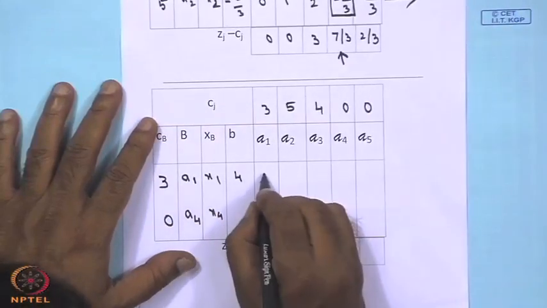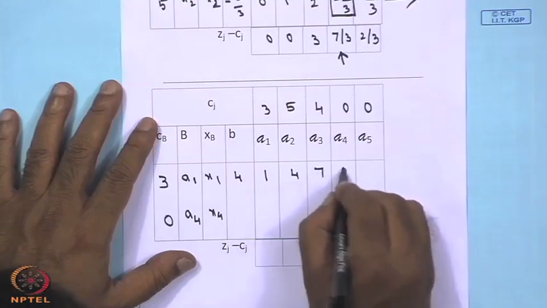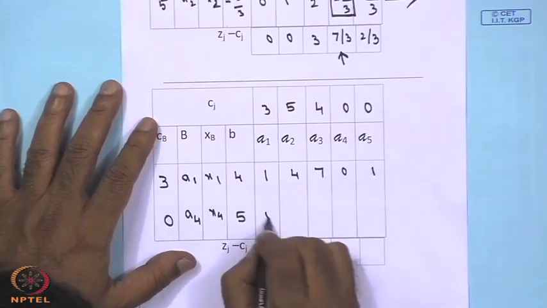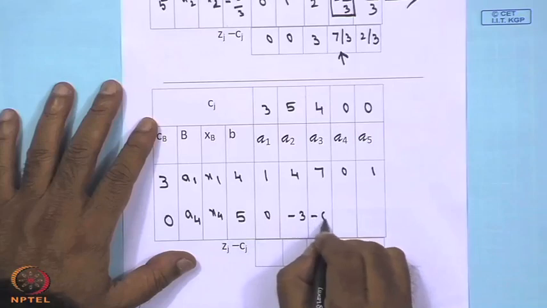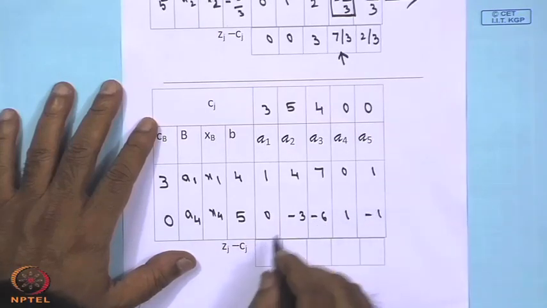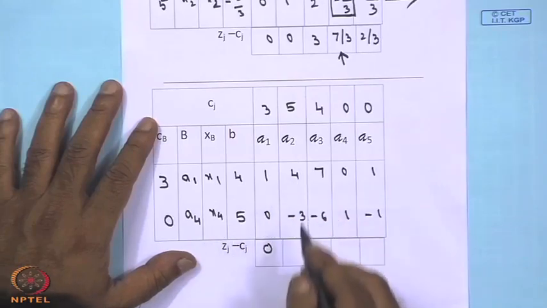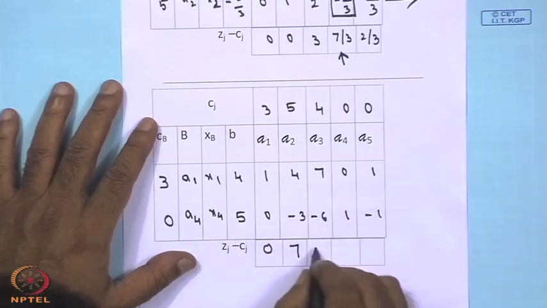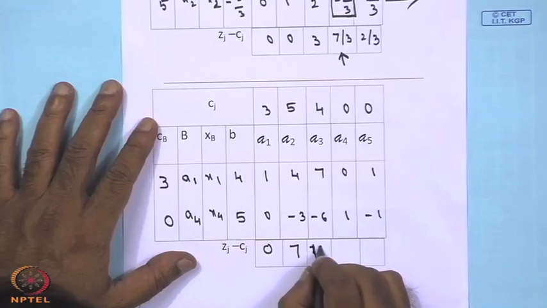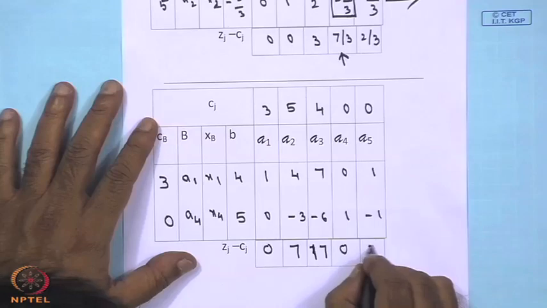Directly again I am writing the solution 1 4 1 7 0 1 5 0 minus 3 minus 6 1 minus 1. Now calculate the Zj minus Cj: 3 minus 3, this is 0, this is 12 minus 5, 7, 21 minus 4, 17, this will be 0, the next one is 3.